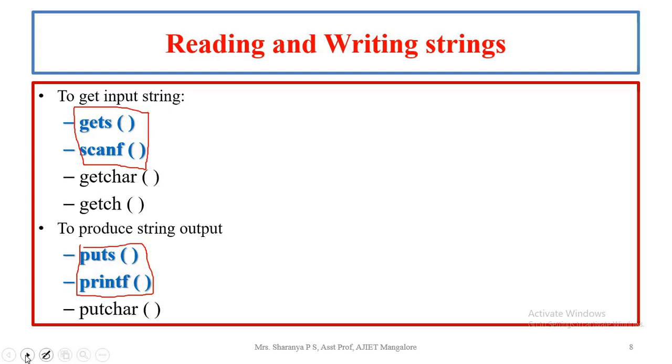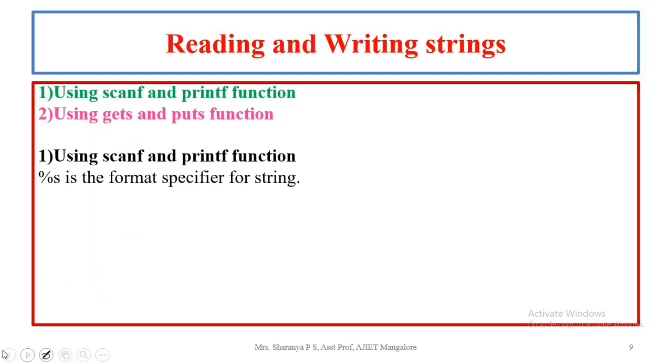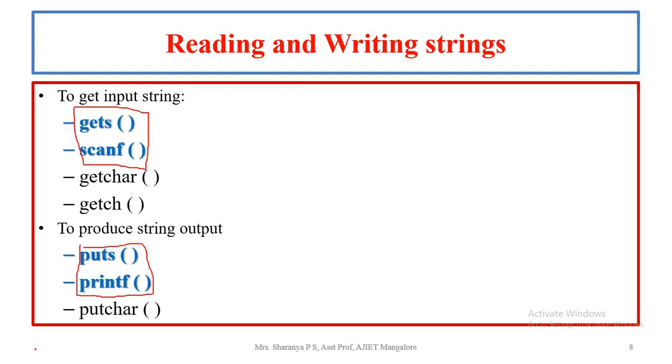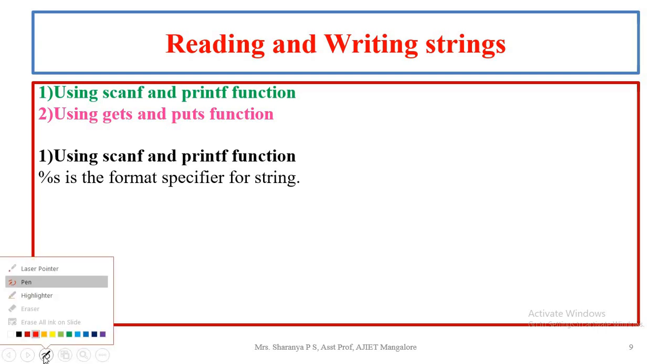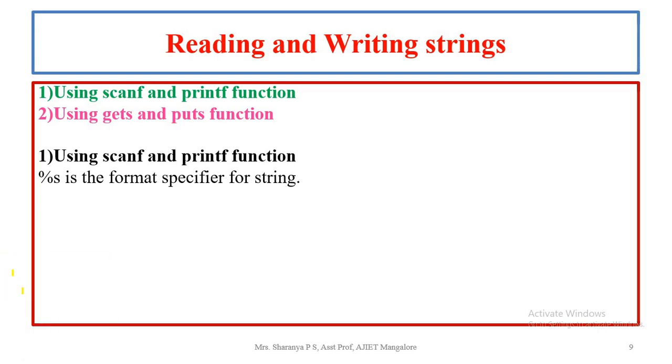We have already discussed what the standard input-output functions are. These all come under that. Here, we will look in detail at the functions specifically used for strings. For reading and writing strings, we will make use of mainly scanf and printf, as well as gets and puts.